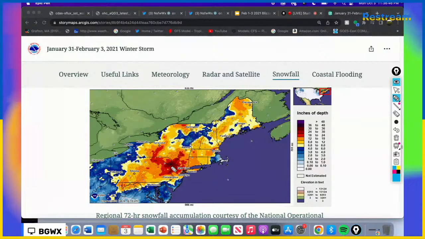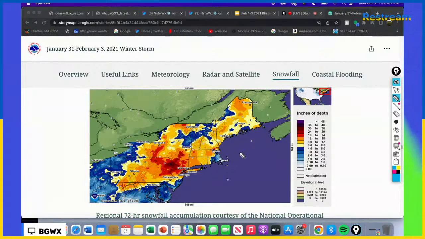This was your jackpot. This was your 20 to 40 inch range. This was more 20 to 30, but there were some 36 inch totals. There were some 3 foot plus totals in here. And then this was more of a 12 to 24 range. I think there was one 2 foot report that didn't make it into the official NWS PNS.